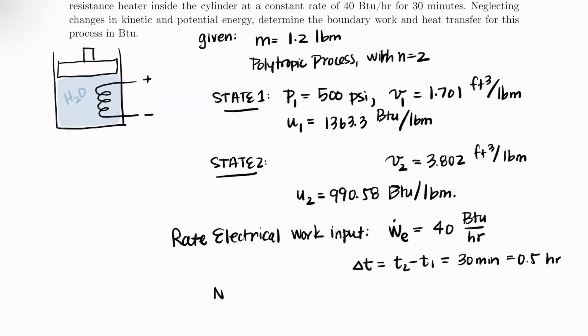And we're going to neglect kinetic energy and potential energy. All right, so we want to find a couple of things. We want to find boundary work, WB, and we want to find Q. So does the problem setup make sense to everybody, and how we've synthesized all of this information that was given to us? Okay.